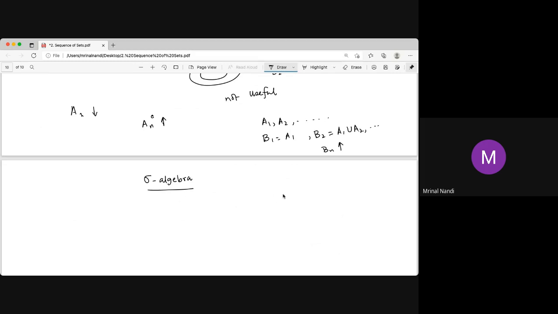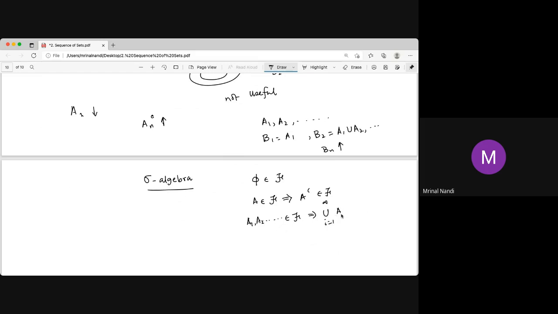It's a collection of subsets in which the empty set and the whole set are there. If A is there, then A complement is there. So there are these two things: the empty set phi is in the sigma algebra, and if A is in it, then A complement is in it. The second and third conditions: if A1, A2, and so on is a sequence of sets in the sigma algebra, their union is also in the sigma algebra.